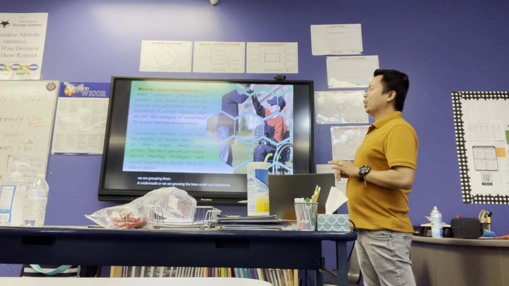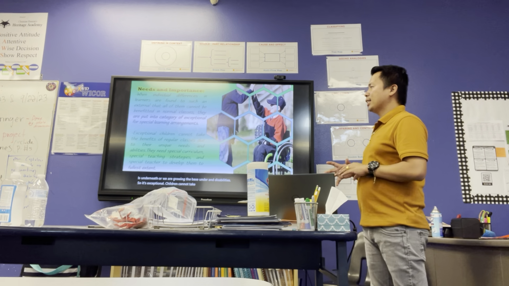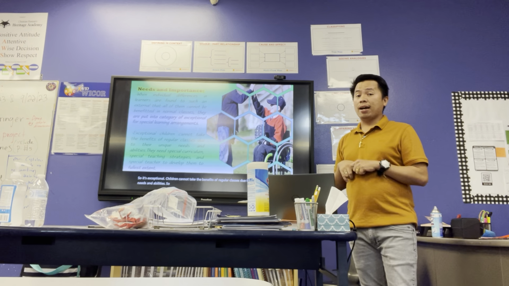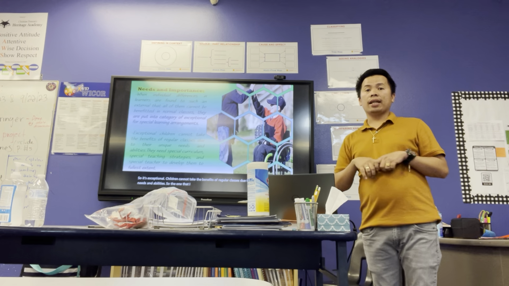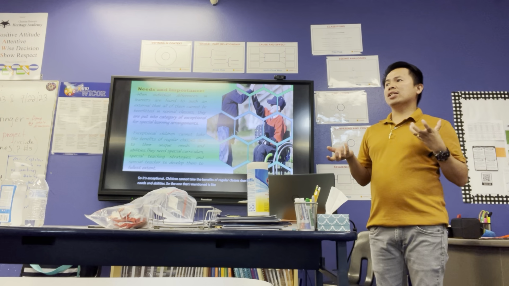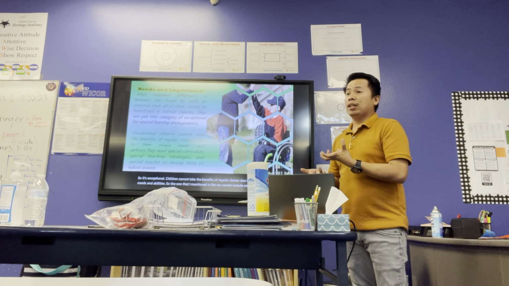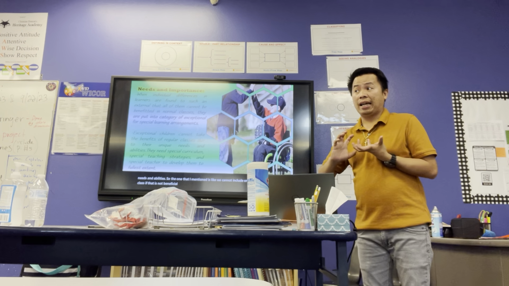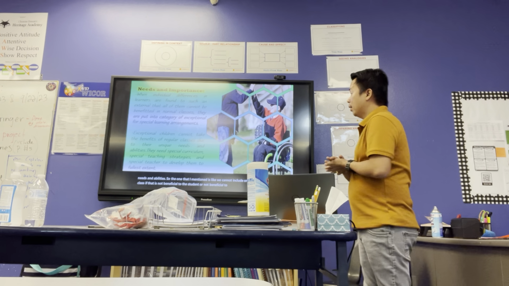Exceptional children cannot take the benefits of regular classes due to their unique needs and abilities. So we cannot include one student in a regular class if that is not beneficial to the student or to the other students. Okay.